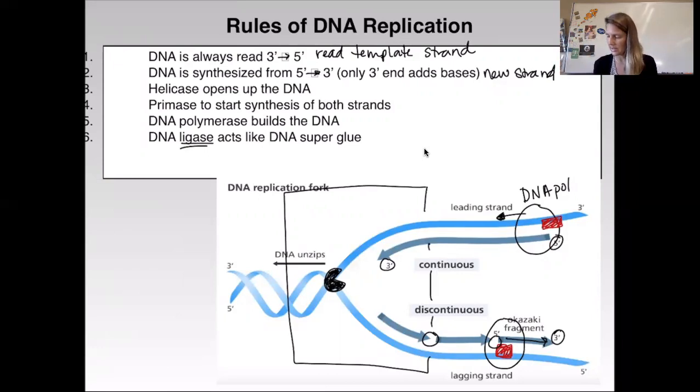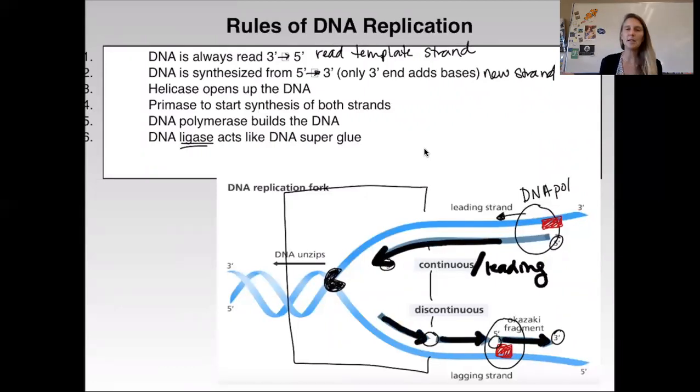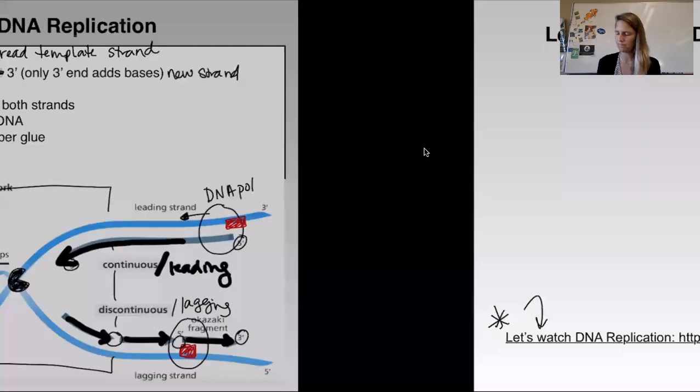And what you're going to see is that one strand can just continue to be made into that fork. That is called the continuous or leading strand. The other strand, because DNA must be made in this 5' to 3' orientation, is called the discontinuous or lagging strand. All right.